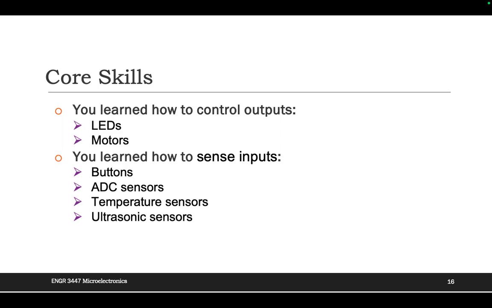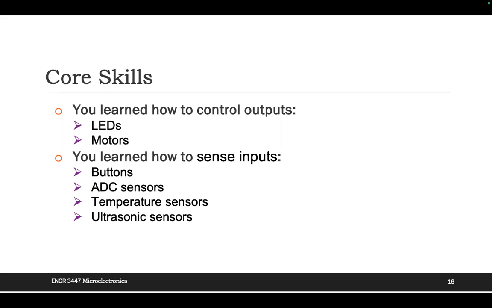Okay, and then you learned how to sense inputs. During our labs, sometimes you just read data from buttons, from ADC sensors, temperature sensors, and ultrasonic sensors. But not only those sensors. Actually, you can read any sensor you want.